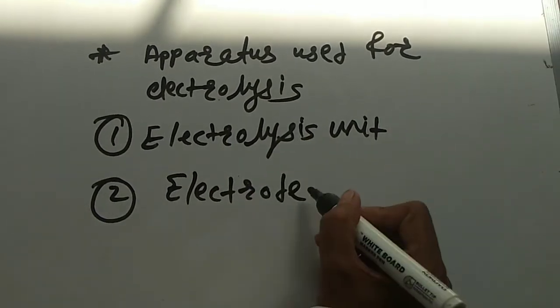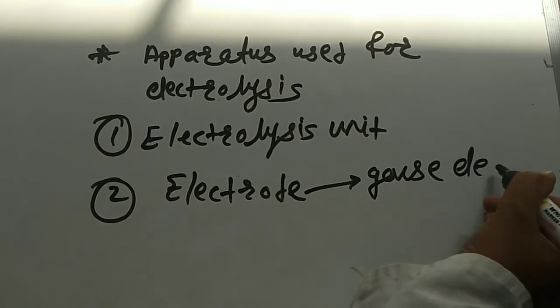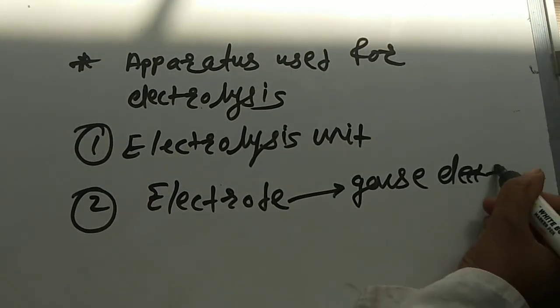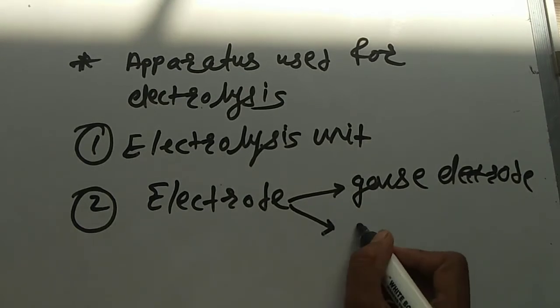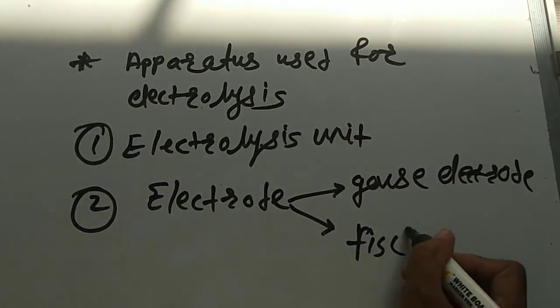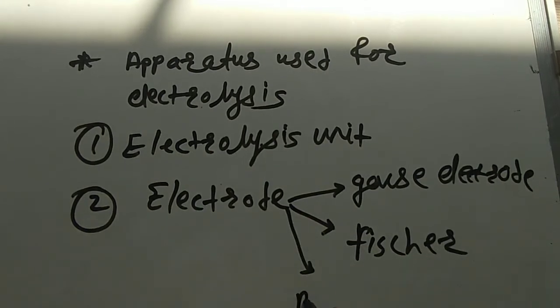Generally, Gauze electrode, next Fisher electrode, and third one is the mercury electrode.